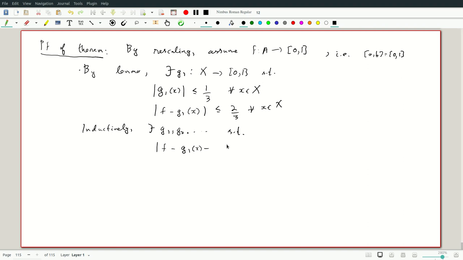F minus G1 of x minus G2 of x, minus Gn of x, this difference is less than or equal to 2/3 to the n, because each time we gain a factor of 2/3. And what about this bound? It's 1/3 of the previous one. So the absolute value of Gn of x is less than or equal to 1/3 of the previous one, which is 2/3 to the n minus 1. Previous one, I mean the previous error here.